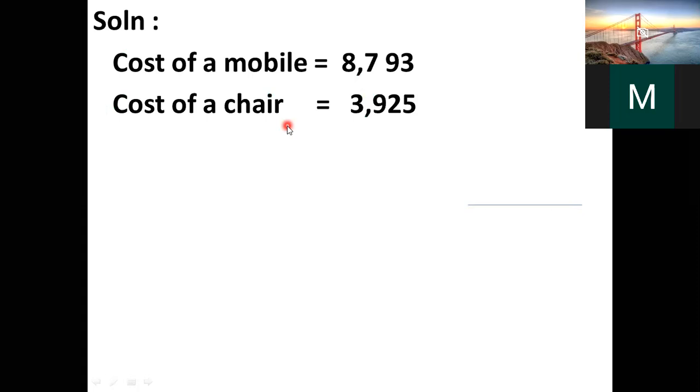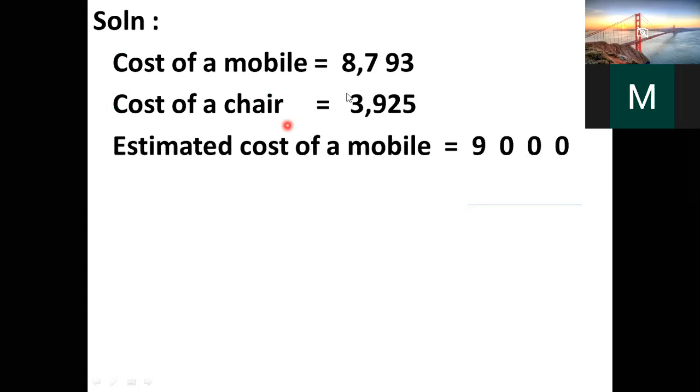The cost of mobile is 8,793. Check whether the 100 place value is greater than 5 or less than 5. Yes, it is greater than 5, so add 1 to the 1,000 place. 8 plus 1 is 9, and the hundreds, tens and ones places become 0.